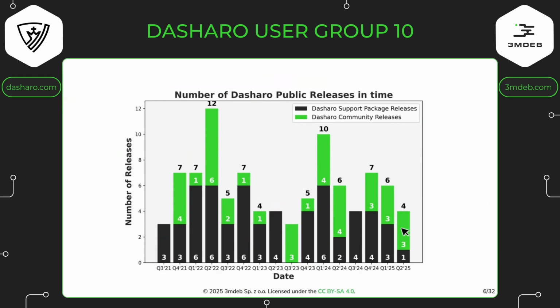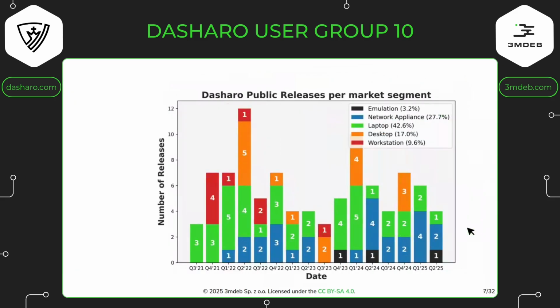Meanwhile, we can spend a little bit of time, maybe as usual, providing you with Dasharo community releases, and that's what's going on. Our average right now is 5.2 releases per quarter.